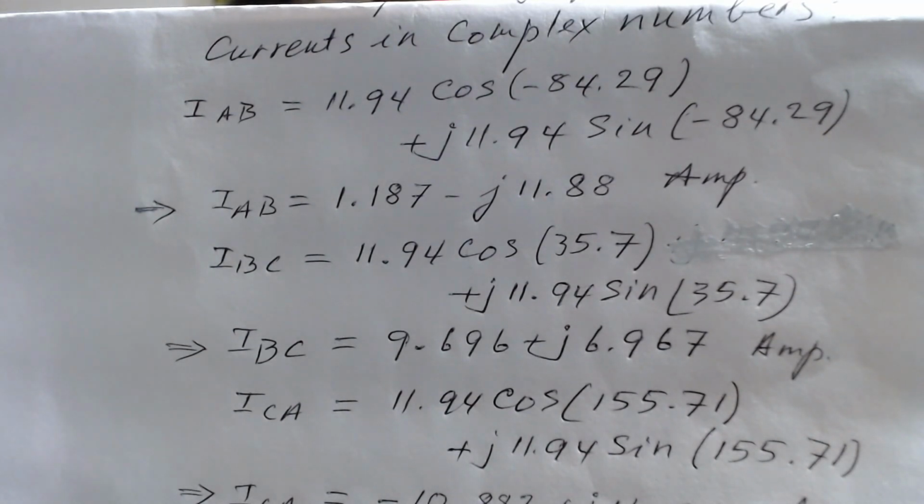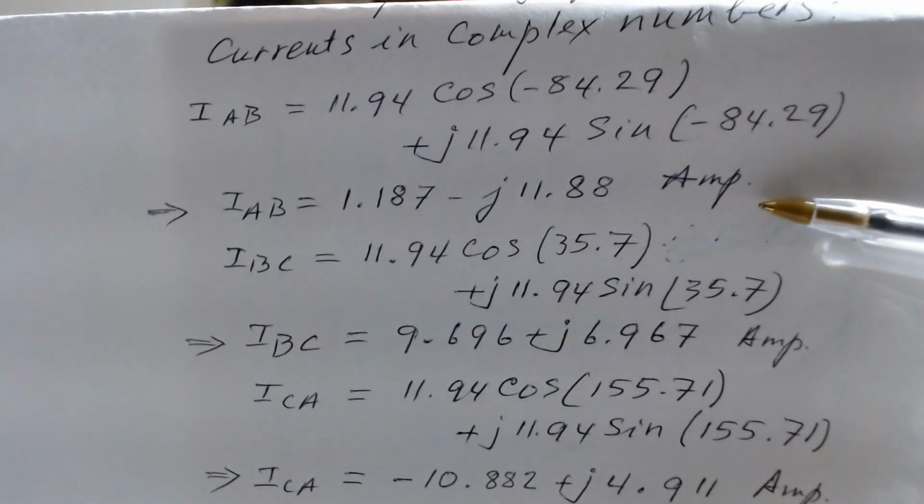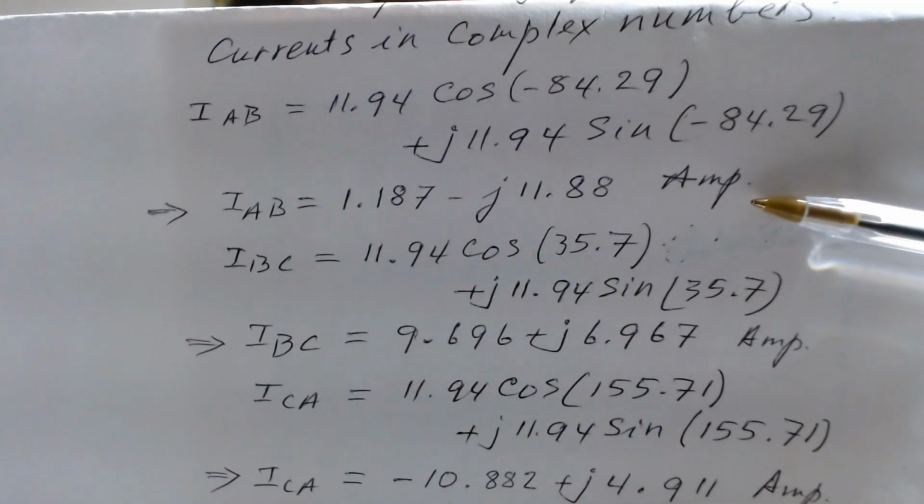Converting the phase current to the rectangular form that is equivalent to the polar form, we can finally find that IAB, which is here, is equal to 1.187 minus J11.88.